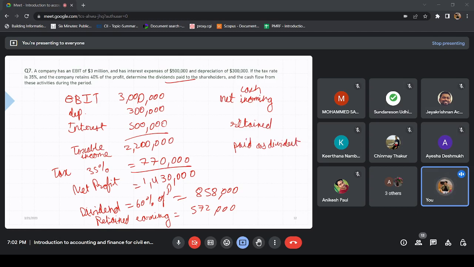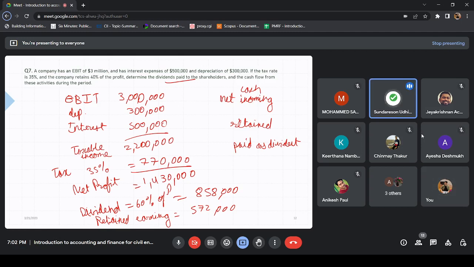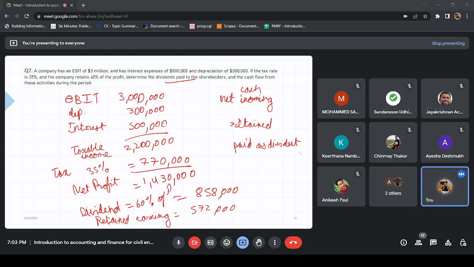So what is the amount that you have retained here? Okay, so paid as dividend. This term is quite clear, right?